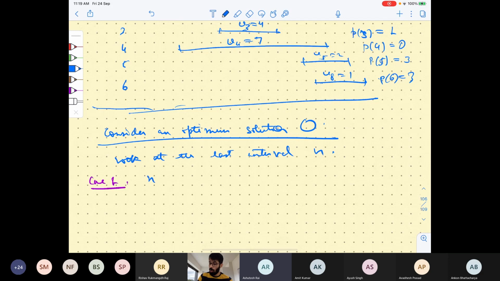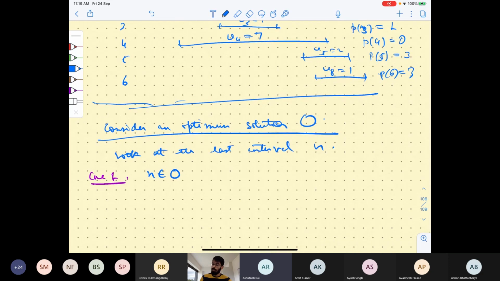If n belongs to O, then what can we say about the intervals which come before n, whether they'll belong to O, given that we have defined this pn?